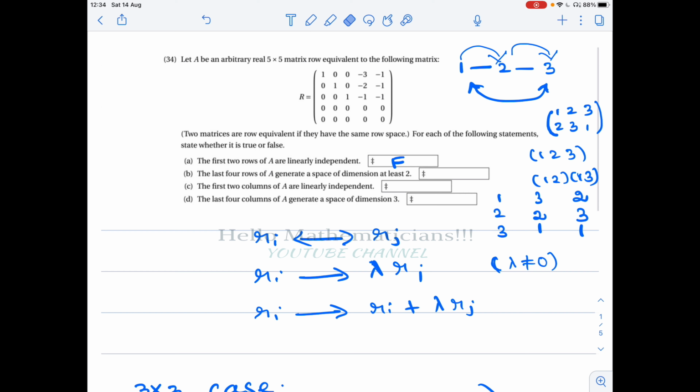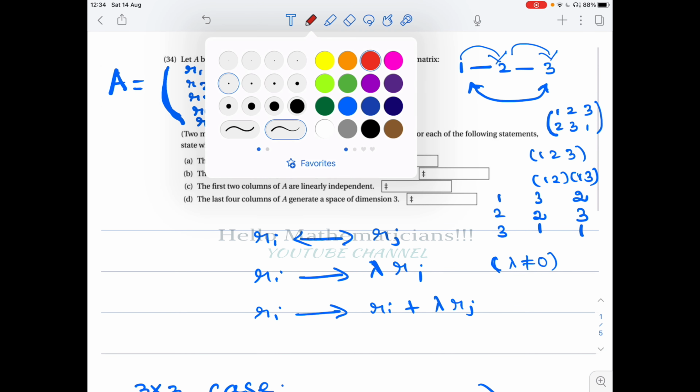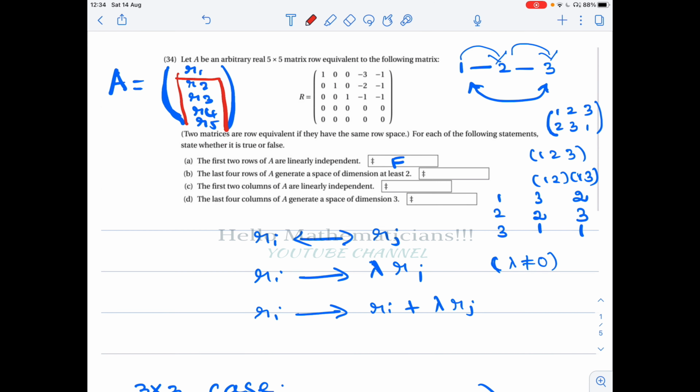So let's write A equal to first row, second row, third row, fourth row, fifth row. So A has 5 rows. Now they are saying that if you look at the last 4 rows, they generate a space of dimension at least 2. Now again we come to our observation. We just observed what this row operation does.